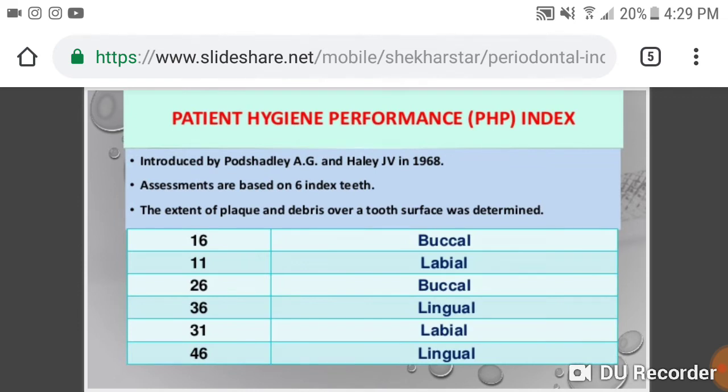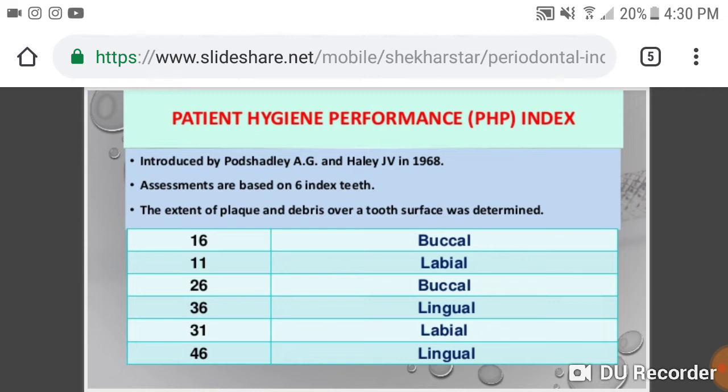Patient hygiene performance, that's PHP index, introduced by Podshadley AG and Haley JV in 1968. Assessments are based on 6 index teeth. The extent of plaque and debris over a tooth surface was determined. For the first premolar, the buccal surface.